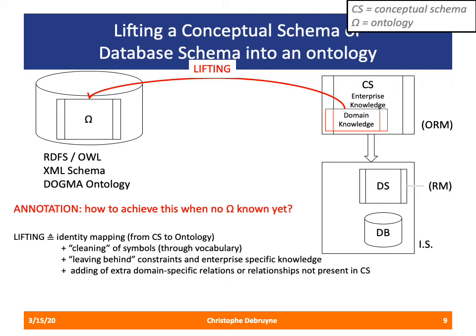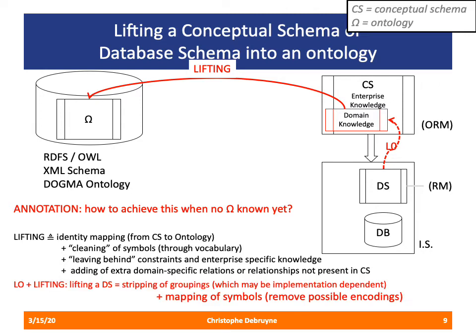Now, when we don't have a conceptual schema, but only a database schema, we need to consider that the database schema only has a very flat view of our world. So before we lift directly into an ontology, we need to identify the things that have been lost in the translation of a conceptual schema to a database schema.